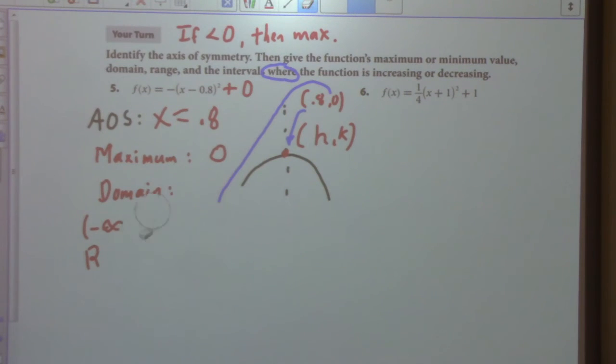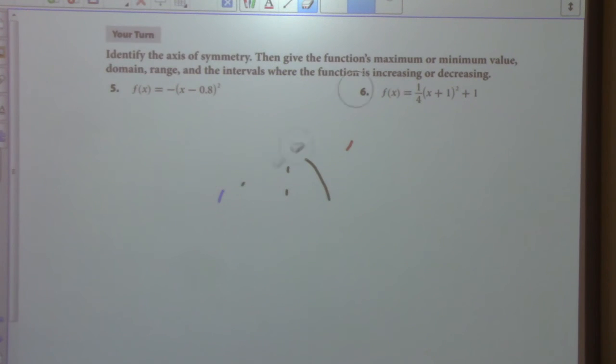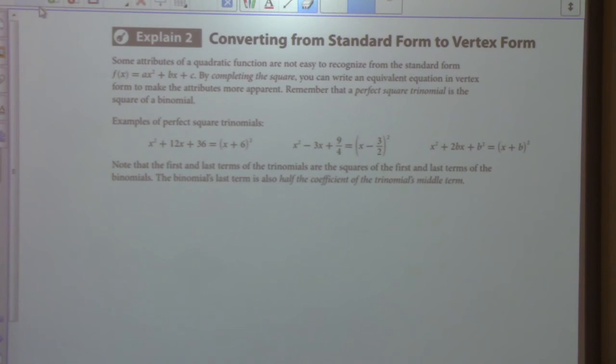What we're going to do next is look at changing the form of a quadratic function. We're going to convert from standard form to vertex form.